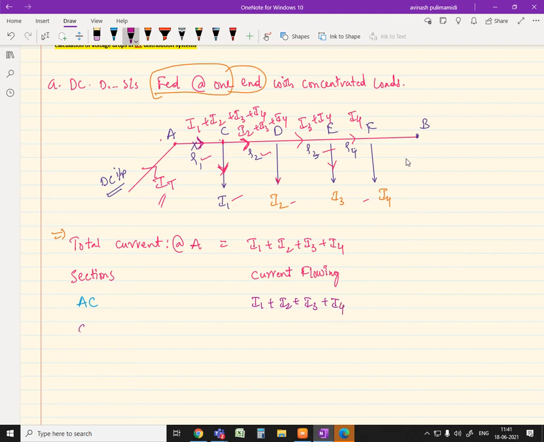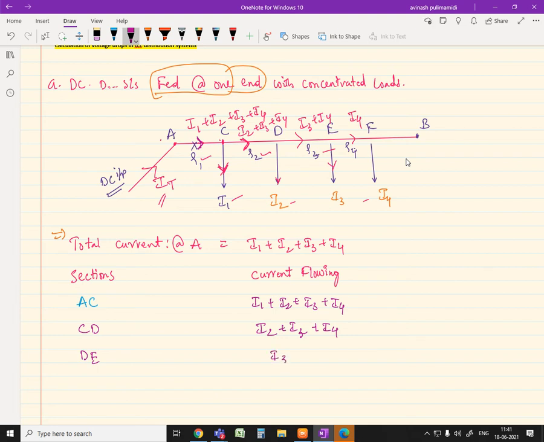Next will be CD. At CD, what is the total current flowing here? I2 plus I3 plus I4. In the same way, for section DE, the total current will be I3 plus I4.